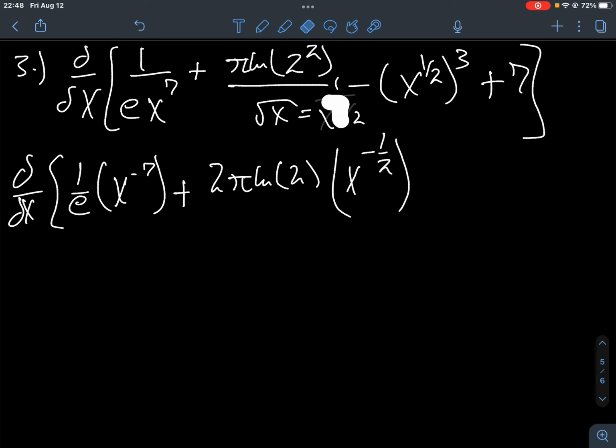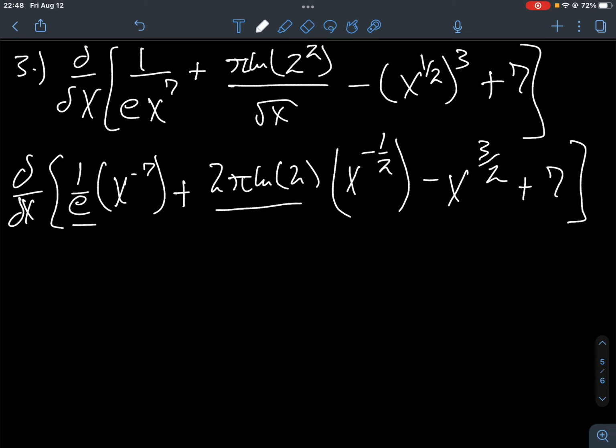Okay. Minus, well, that's just x, and we can multiply this 3 by that 1 divided by 2, plus 7. Great, so now it's all simplified. Where this is a constant, this is a constant, and that's a constant.